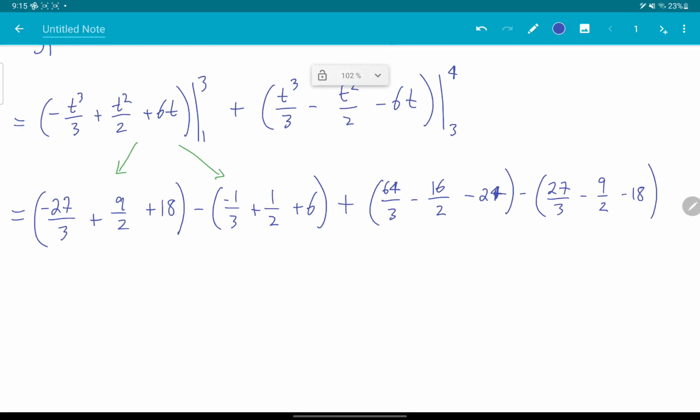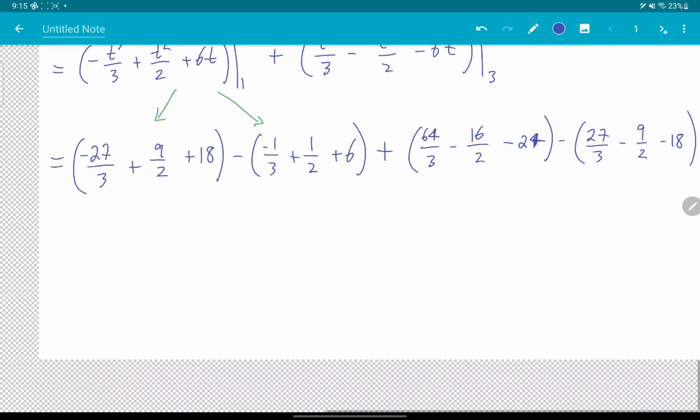Okay, I'm going to take a second just to have a look at this before I start doing common denominators. Just take a quick look at it just to double check that I'm not making any glaring mistake here. Okay, I don't see anything.